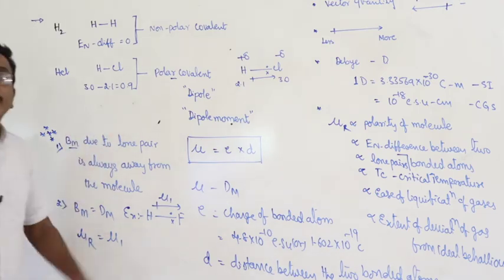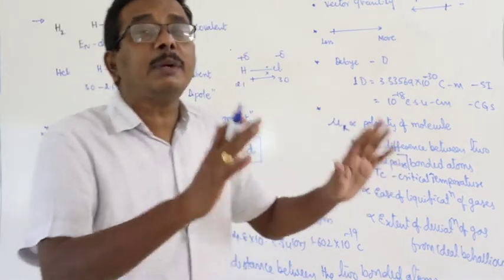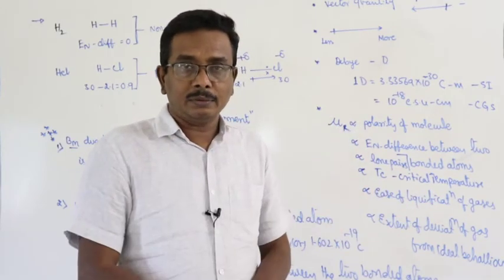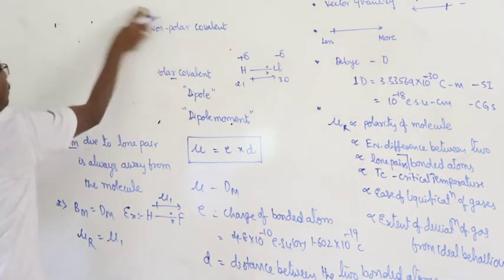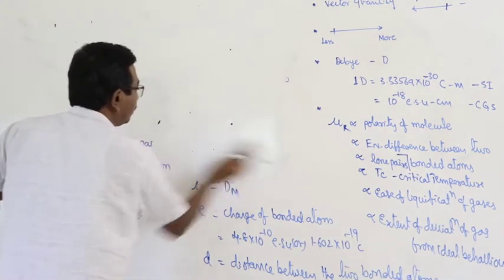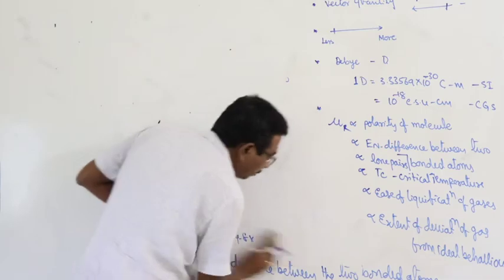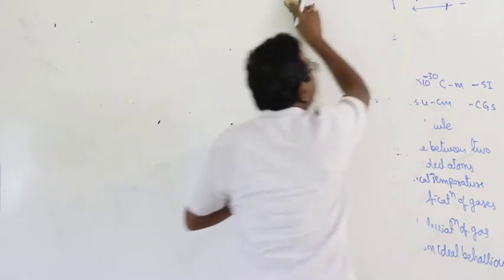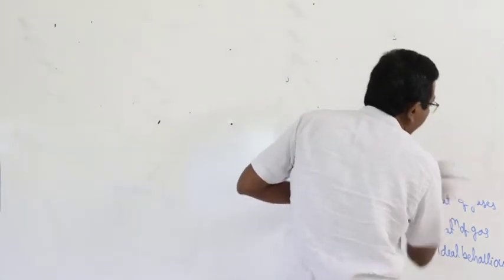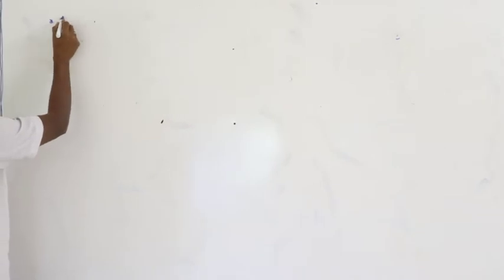But in a polyatomic molecule, the net dipole moment of the molecule is the vector sum of all the bond moments in the molecule. Okay, I will repeat once again. In a polyatomic molecule, the net dipole moment is equal to the vector sum of all the bond moments. How can you express this? Look at the important point.